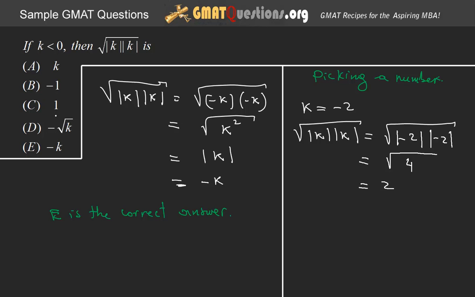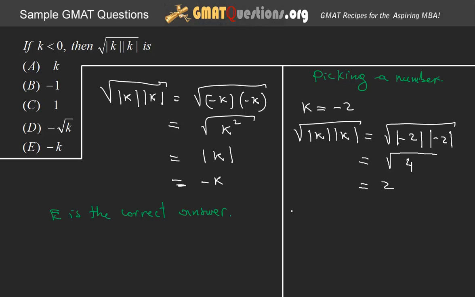We cannot change that. D, the negative root of -2, is undefined. We cannot have the root of a negative number. E, negative k, k being -2, would be 2.